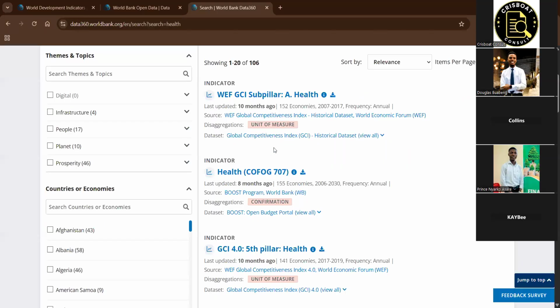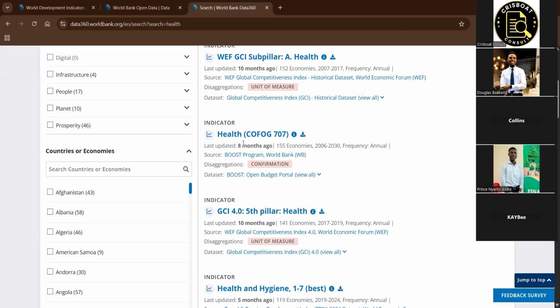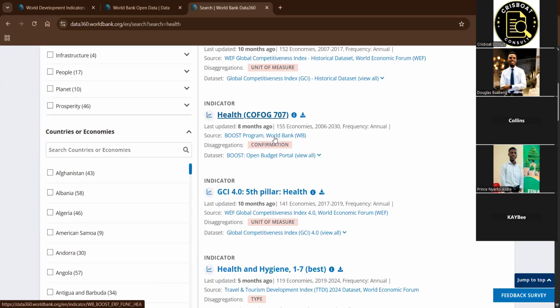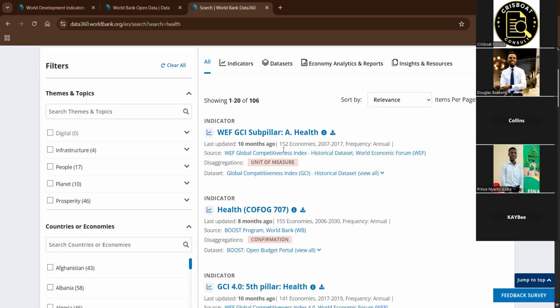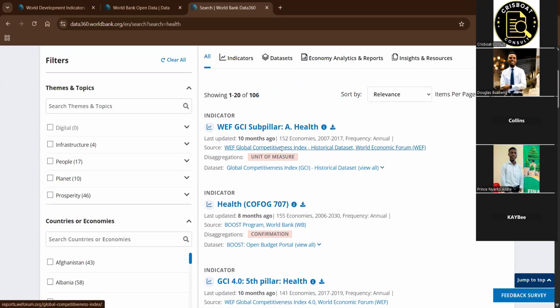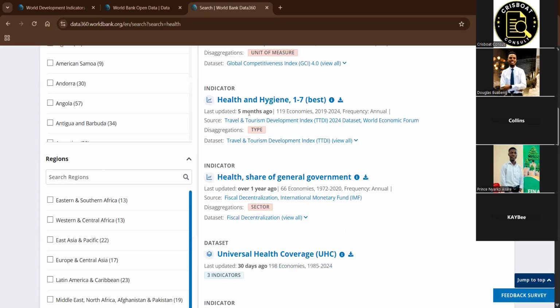Okay, so health, we have health data, COFOG, maybe the health people will understand it better. The pillars, the health pillars, the fifth pillar, and then we have health and hygiene.